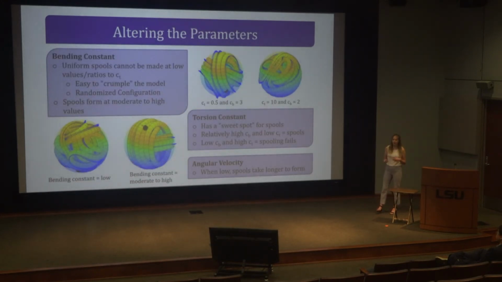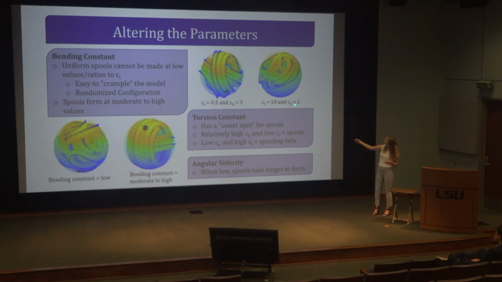So what were some of the parameters that we changed? The ones noted here are the bending constant, the torsion constant, and the angular velocity. For the bending constant, uniform spools cannot be made at low values or ratios to the torsion constant, which you can see right here. Sorry, it's hard to read the T's and the B's.